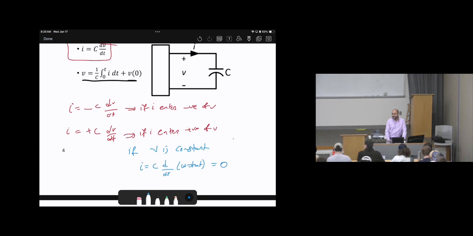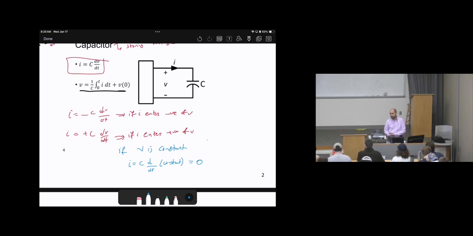So in DC, the capacitor current will be 0. So what does 0 current mean? In order to have a 0 current, we need to either disconnect the source, which we cannot do because it's already been connected, or the other thing, make it open circuit, right? Which is make it open path or open circuit.